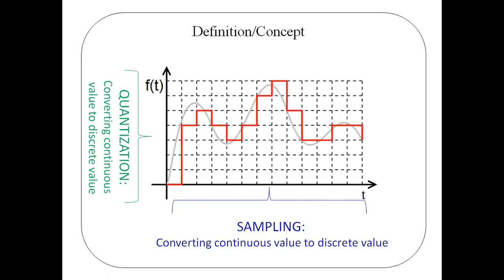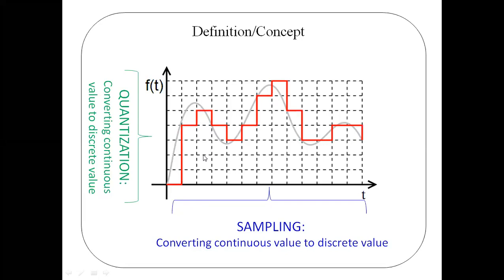If we base on this diagram, this gray line is the continuous time signal. Sampling is a process whereby we are selecting a point on this particular gray line.